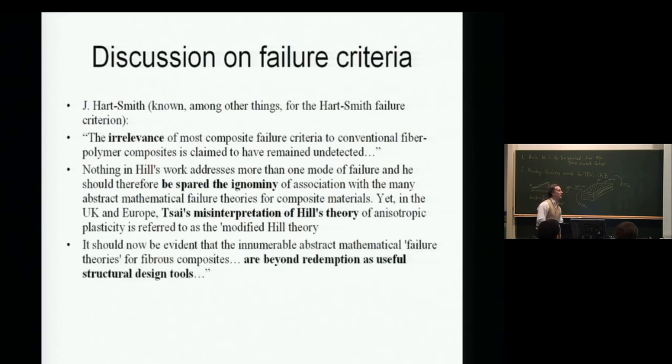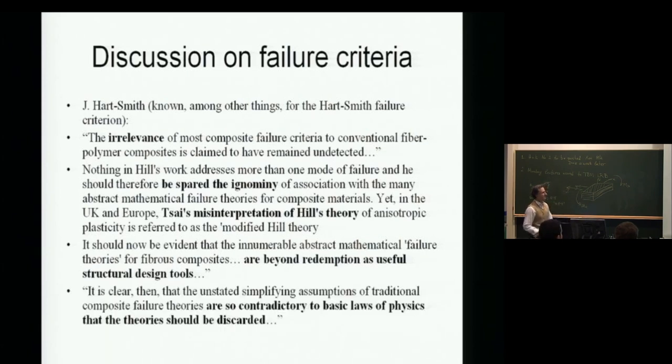And it should now be evident that the innumerable abstract mathematical failure theories are beyond redemption as useful structural design tools. Yet everybody uses some version of them, recognizing that they are not accurate, because there's no other way of doing it. It is clear then that the unstated simplifying assumptions of traditional composite failure theories are so contradictory to basic laws of physics that the theory should be discarded.